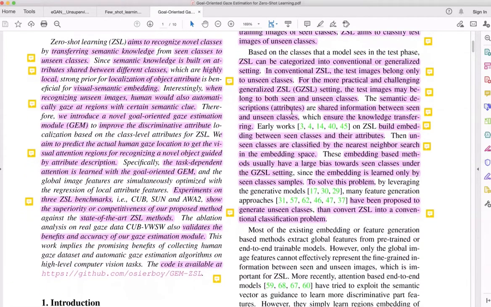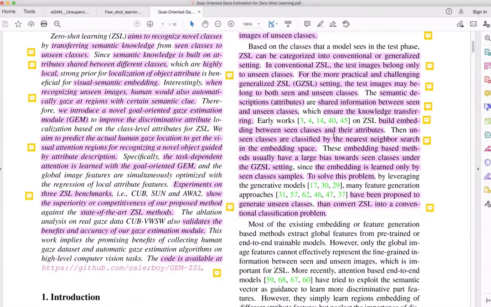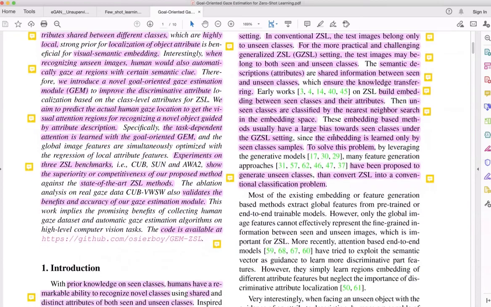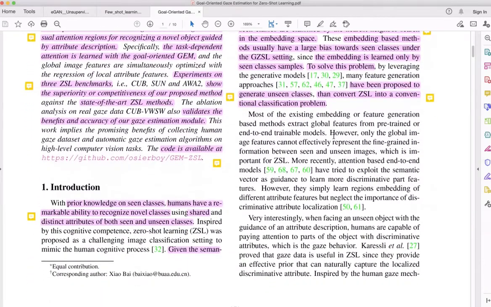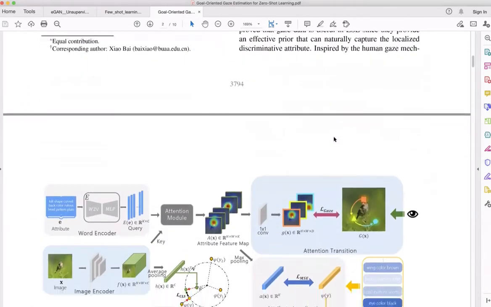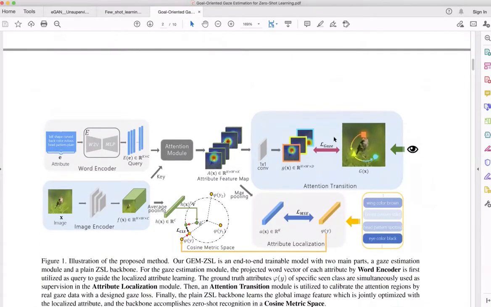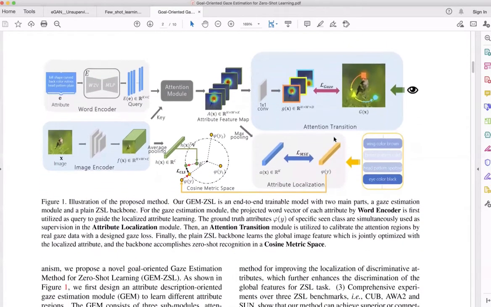So the semantic descriptions, which are the attributes, are shared information between seen and unseen classes, and that ensures the transferability of knowledge.